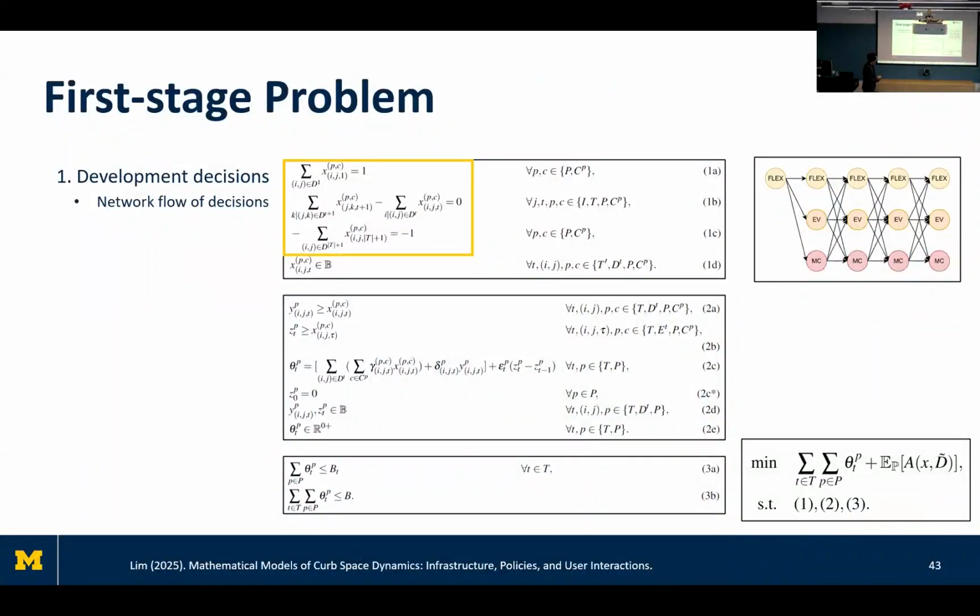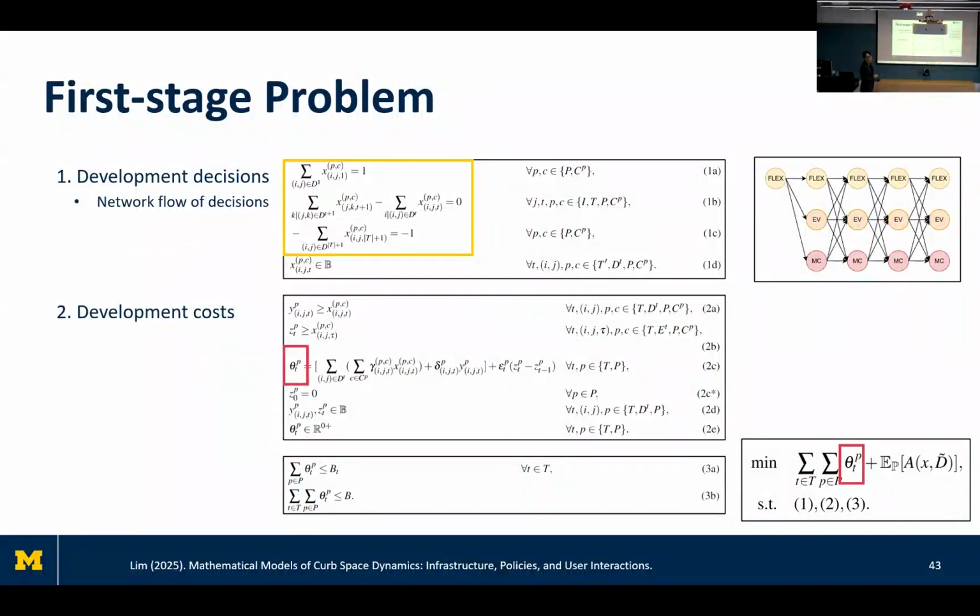Each set of these yellow, orange, and red cells are the modalities, so for each space, what types of modalities that space can accommodate with the infrastructure upgrade. These vertical ones show the different time points, so you can say 5 years, 10 years, 15 years, 20 years. So we have a network flow model deciding the development decisions.